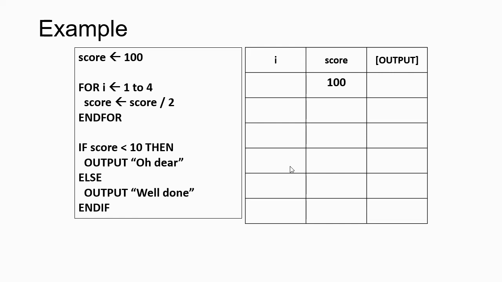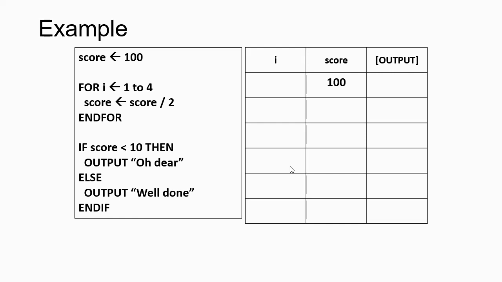But what you don't want to do here is just write 1, 2, 3, 4 in the I column, because if there's more things that are happening inside the for loop, then that's where things can go wrong, and you end up with data in the wrong place in your trace table. So we just need to execute it one line at a time, just like the CPU would, and just like we have done for the other examples.